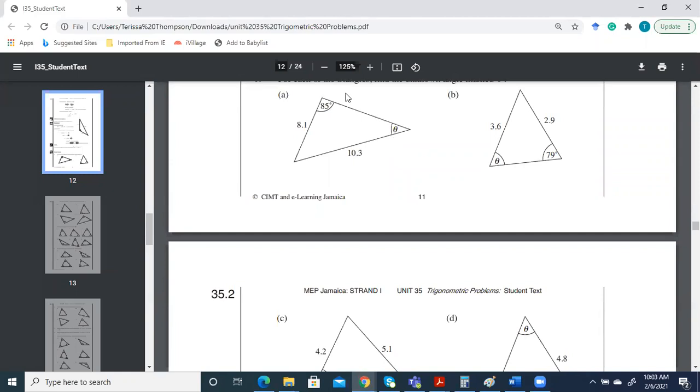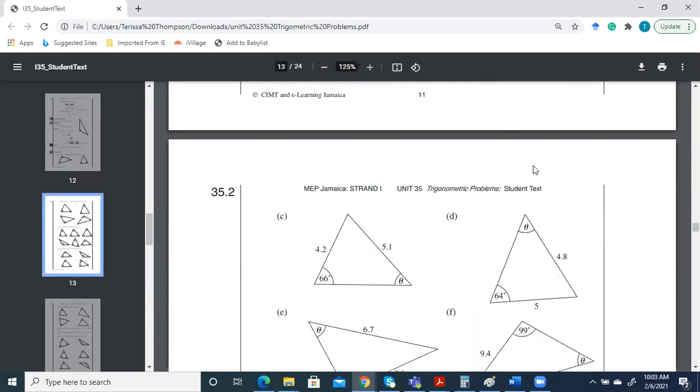So you could use the sine rule to solve this, and it's the same thing for B, and it's the same thing for the other 2 that we are going to be doing, which is C and D. So I'll give you another 5 minutes to go through C and D, and then we'll work through them together, and then we move on to some cosine rule examples.